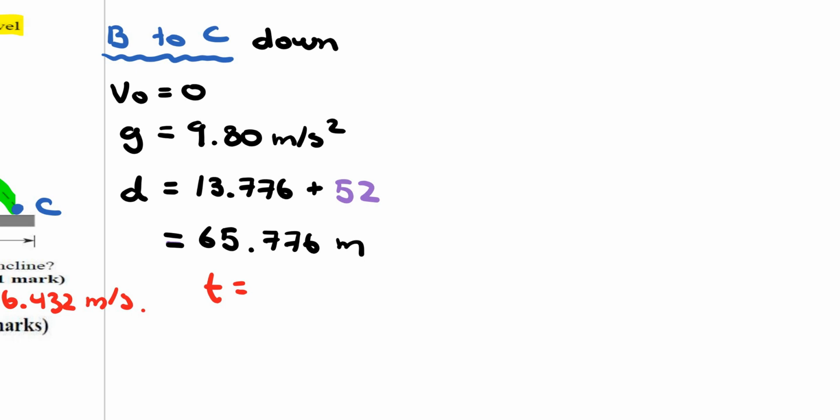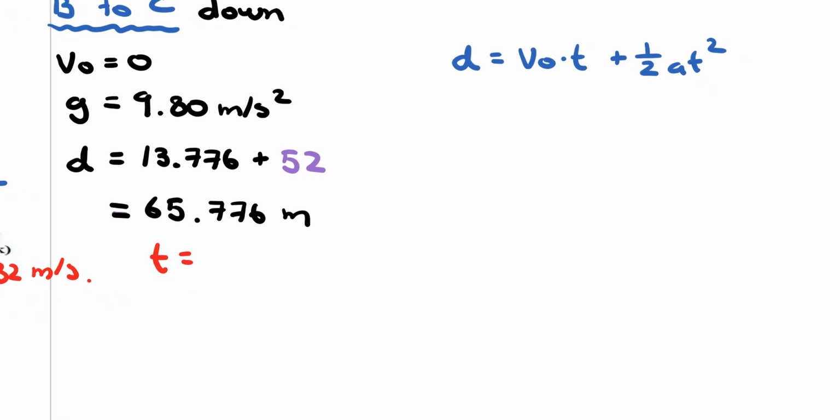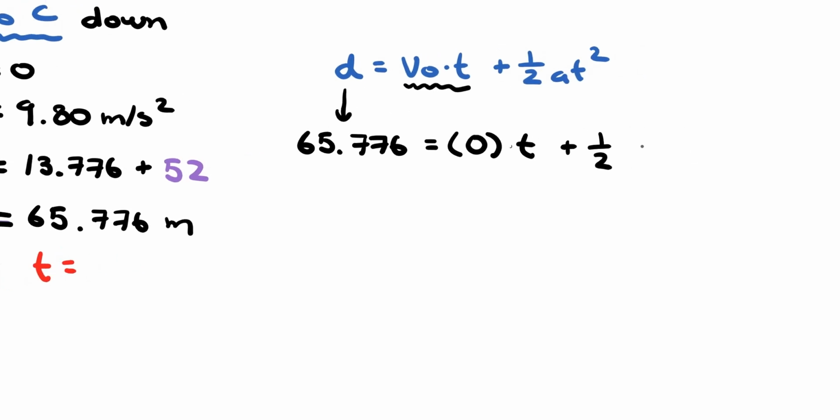Okay, so the kinematic equation that relates all this together is going to be the distance equals the initial speed times the time plus 1/2 a t squared. So the total distance traveled here is going to be 65.776, and that equals, well, your initial speed times time, that's going to be 0 times the time, plus 1/2 times my acceleration due to gravity, 9.80, times t squared.